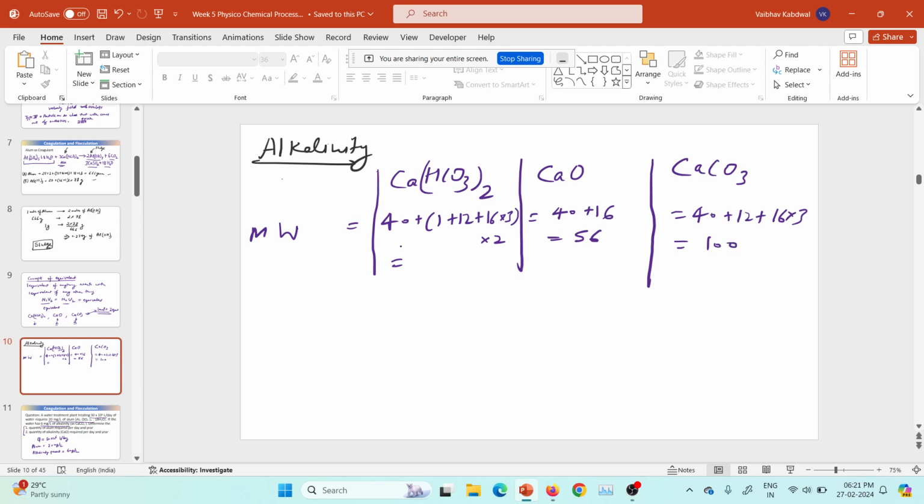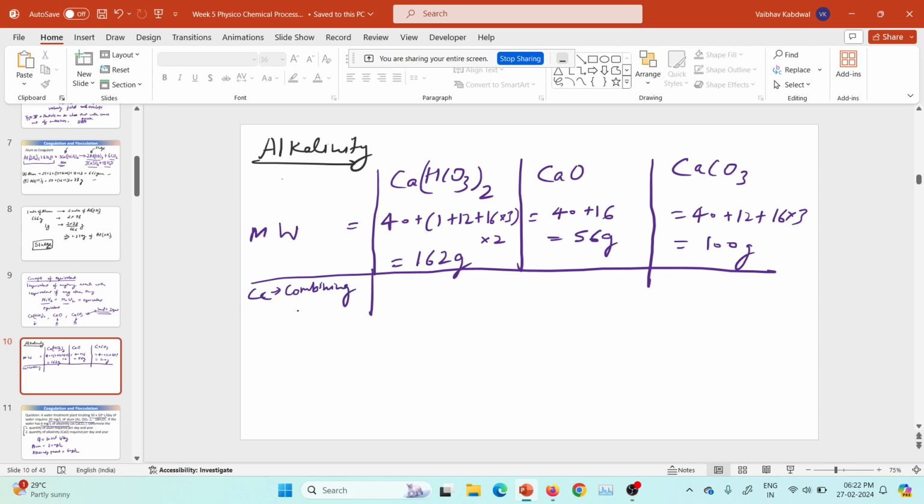And this we need to calculate. It will come, I think, 161. Yeah, 162. Solving you will get it as 162, 56 grams, 100 grams. So this is the molecular weight, and combining capacity is 2 for all three cases.